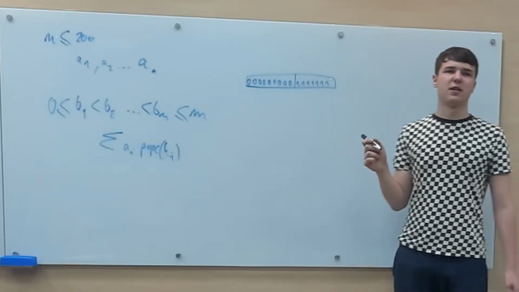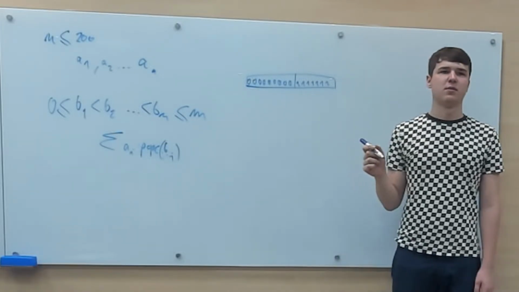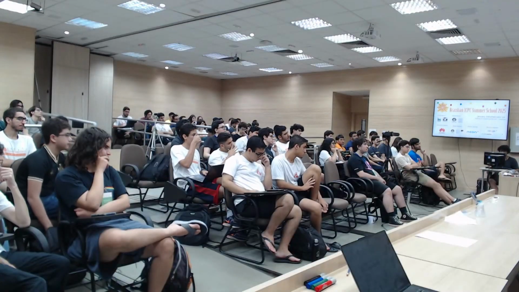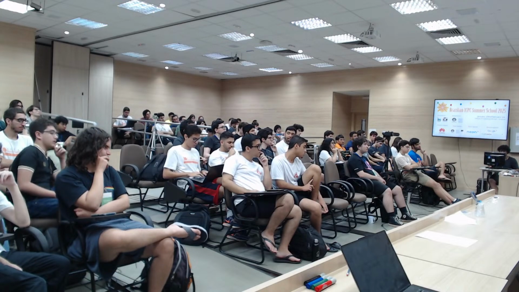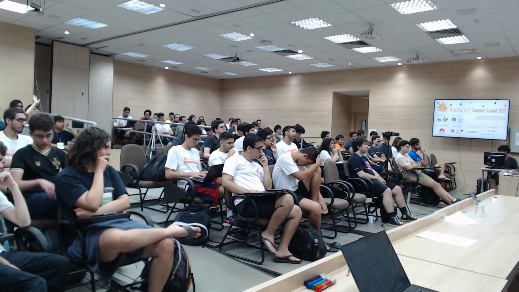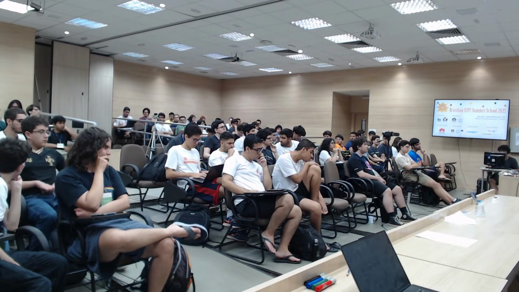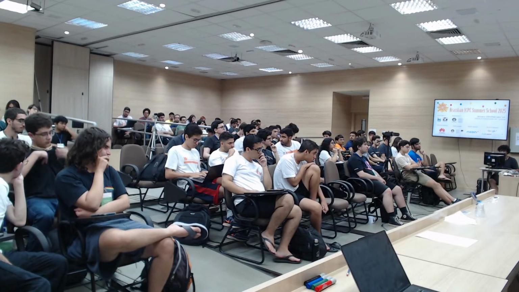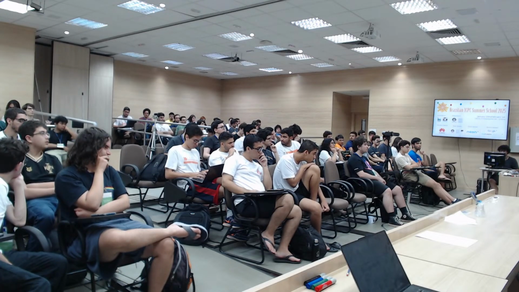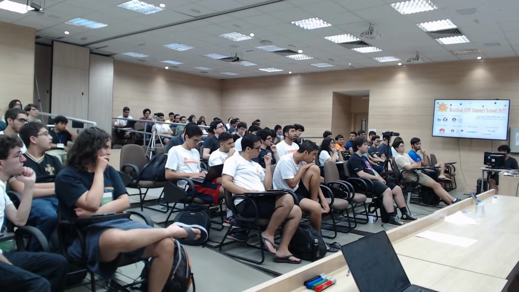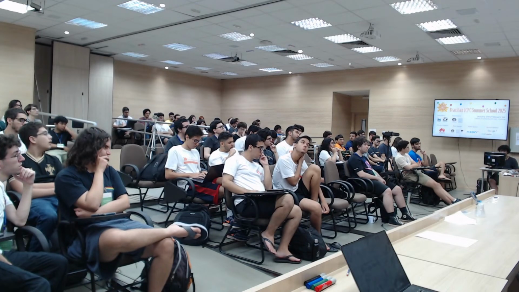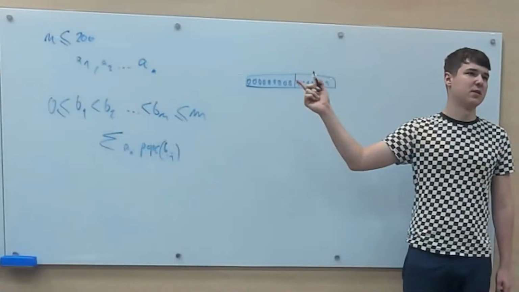Who agrees with this statement? Who has any question to this statement? Yes? Why must it be a prefix of zeros and a suffix of ones? Can't you have it mixed? It's a sequence of increasing numbers, and this is the topmost bit.